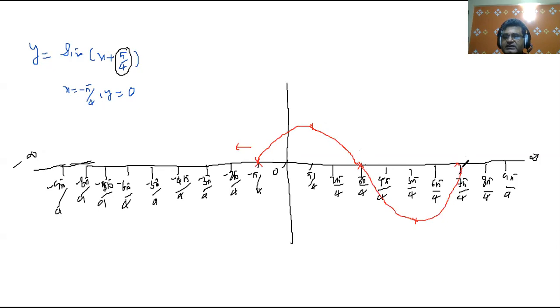So you can see that now it will move to this in this way. It means the graph has been pushed back by pi by 4 unit. The same sine graph. So there is no change in the nature of the graph, only it has been pushed in this direction. So this is the graph of the function. Now we are moving to the next.